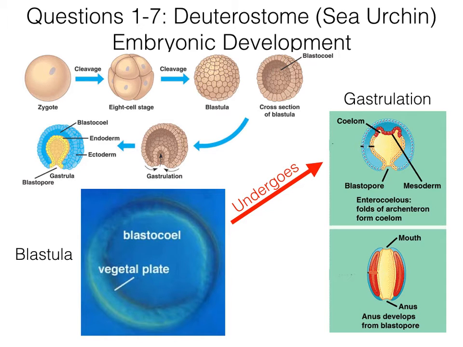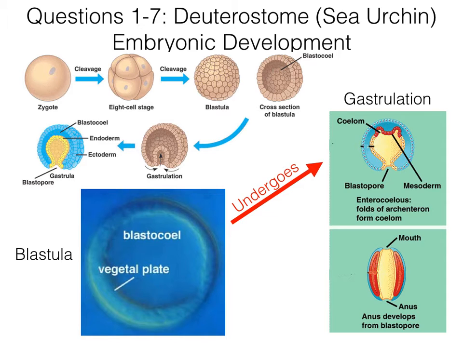And the blastula is basically a hollow ball made of cells. The center of that ball is hollow, called the blastocele. Okay, and the cells around it are not equal in size. And what's going to happen is there's an area of this blastula that has larger cells, and that's called the vegetal plate.